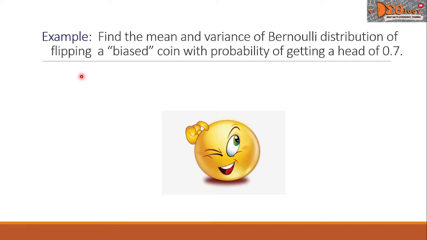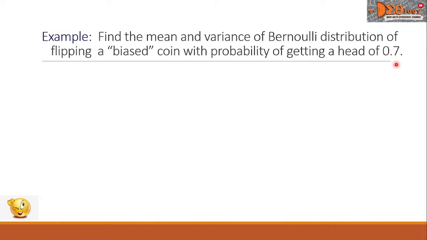Let us see this example. Find the mean and variance of Bernoulli distribution of flipping a biased coin with probability of getting a head of 0.7. So the given is the probability of getting a head.